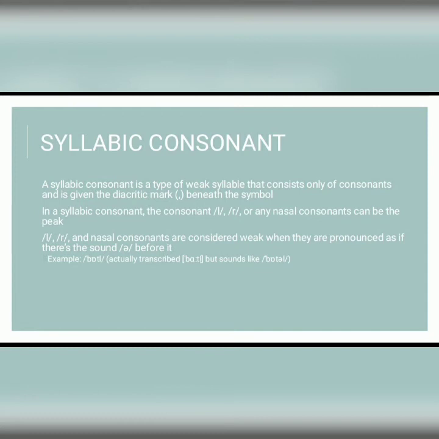L, R, and nasal consonants are considered weak when they are pronounced as if there's a vowel sound before it. For example, in the word bottle, it actually sounds like there is a vowel in it. So, in this word, the consonant L is considered weak.